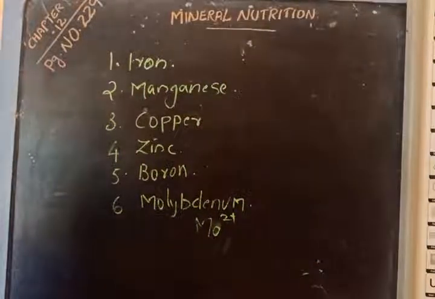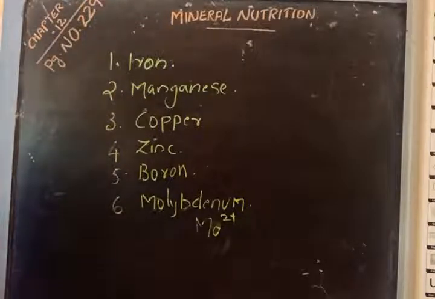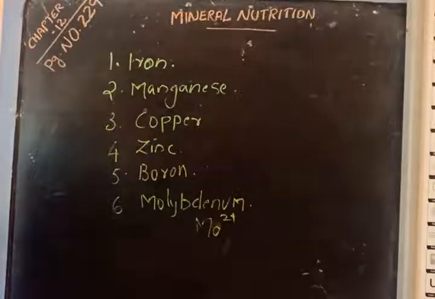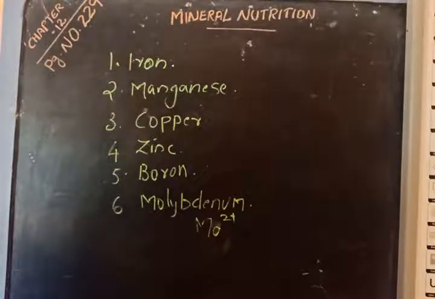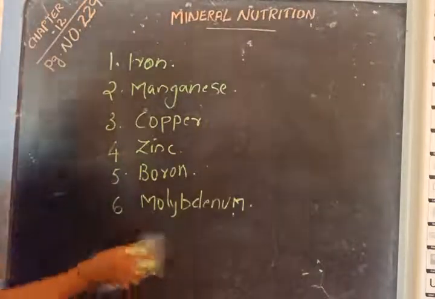The deficiency symptoms of molybdenum are chlorosis, necrosis, delayed flowering, retarded growth and whiptail disease of cauliflower. These are the deficiency symptoms of molybdenum.